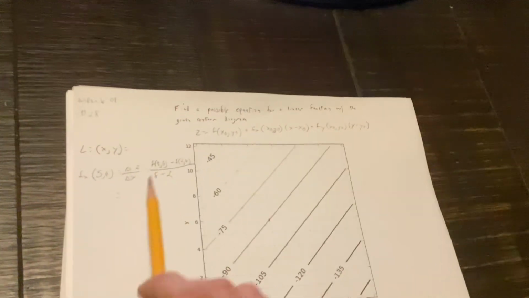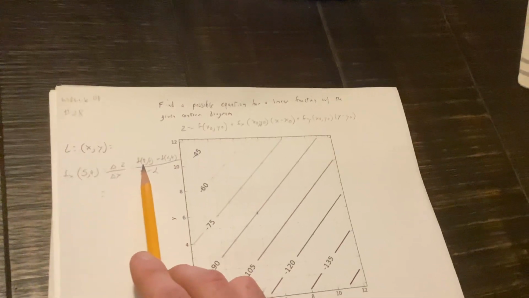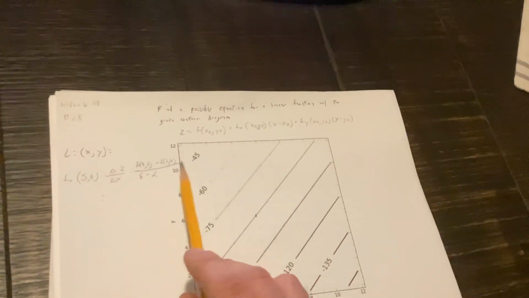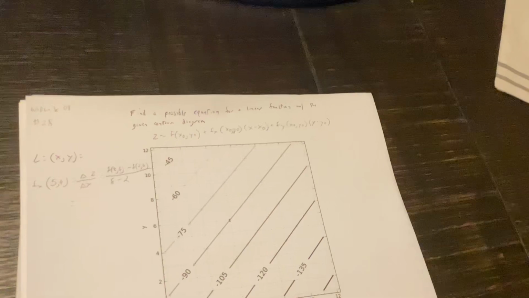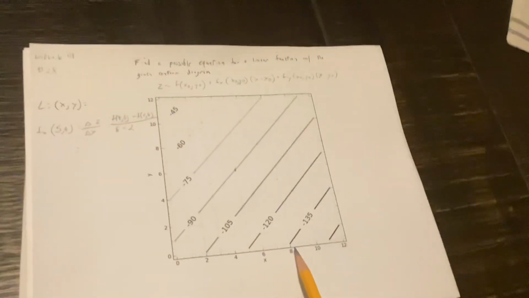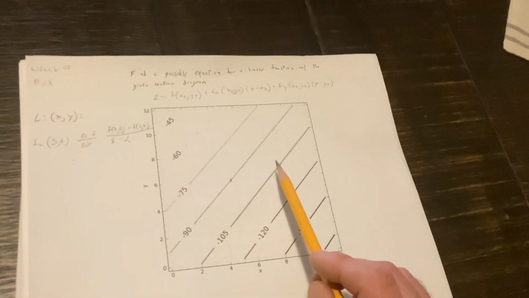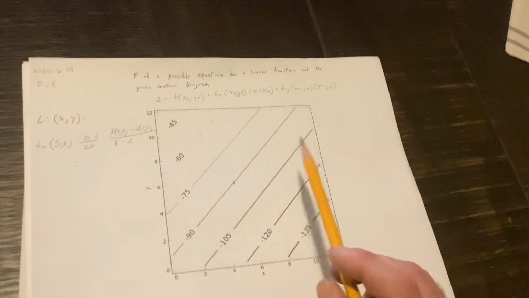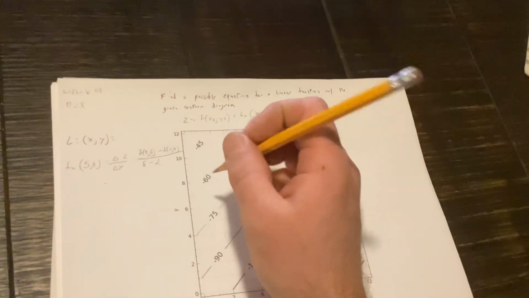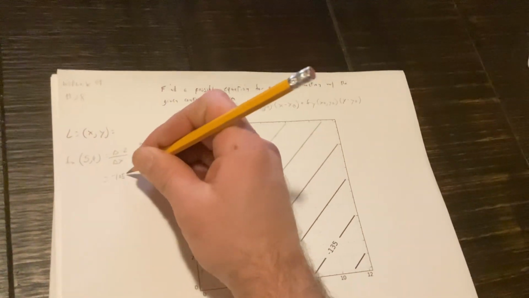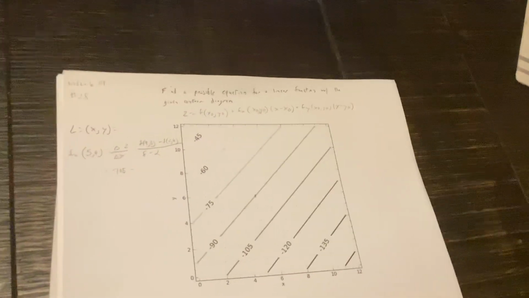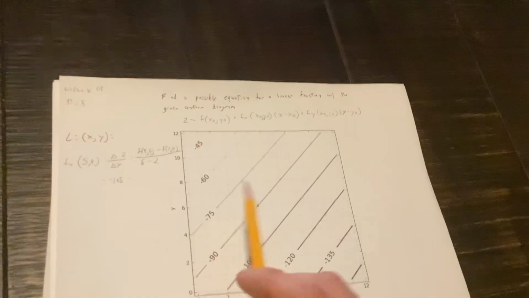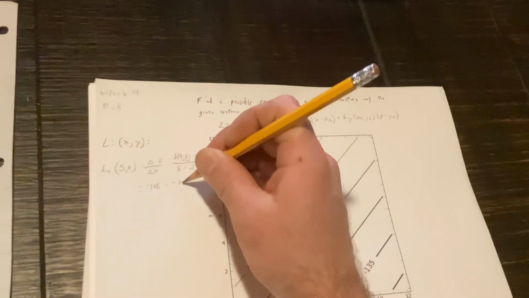So my z values of f of (8, 6) and f of (2, 6): f of (8, 6) is negative 105, minus the z value of f of (2, 6), which is negative 75.